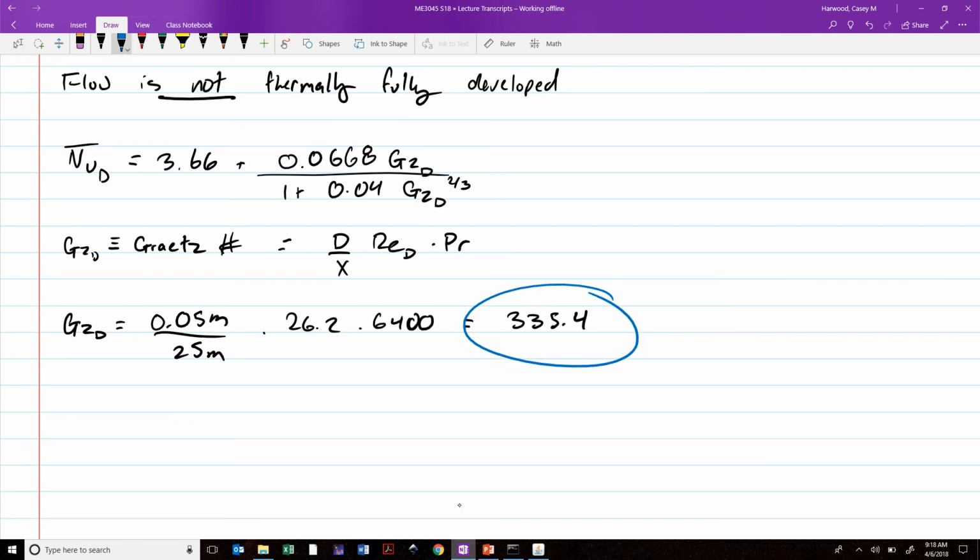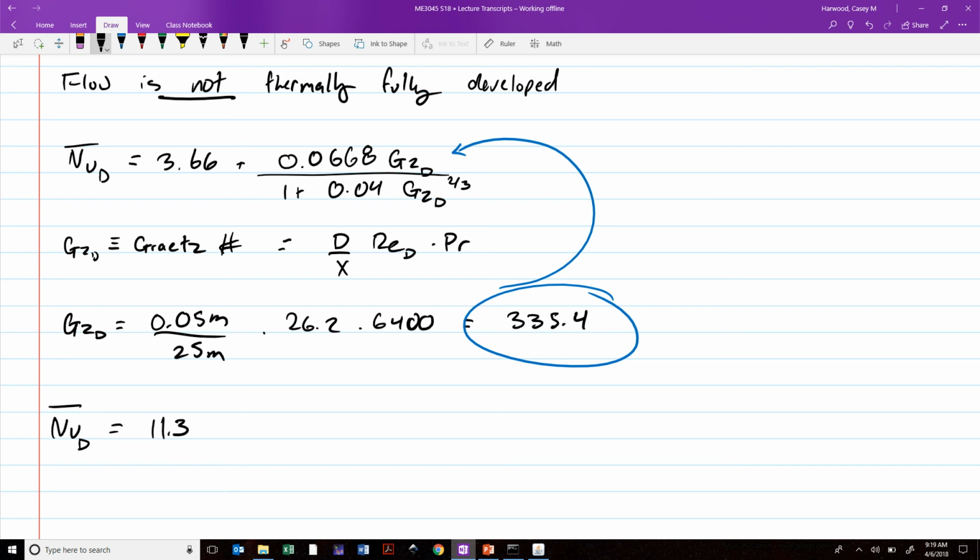Taking that value and substituting it into our correlation for the mean Nusselt number, I'm not going to write out all of the values here explicitly, but if we plug that into the Nusselt number, we should end up with a value of 11.3 for the mean Nusselt number.